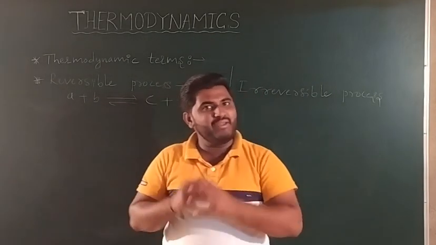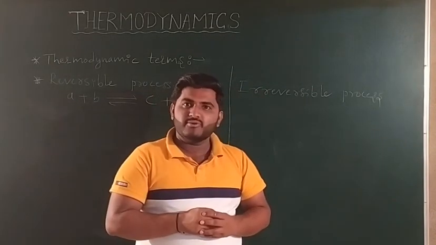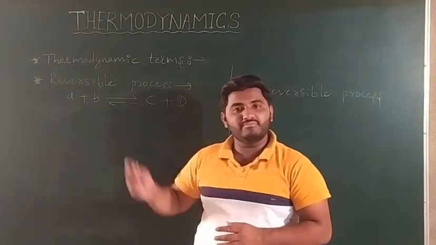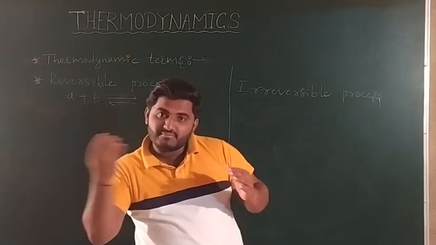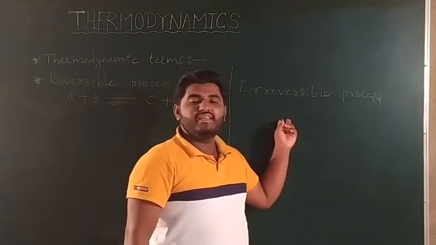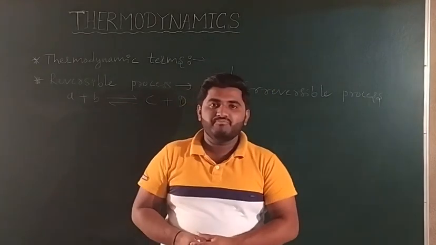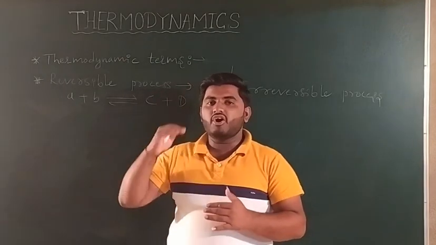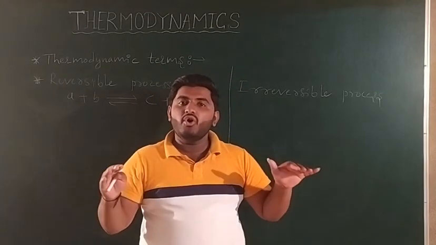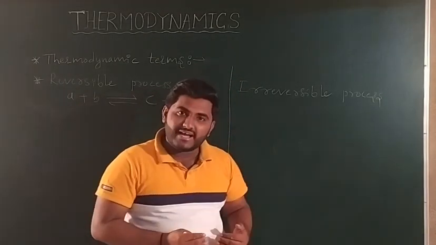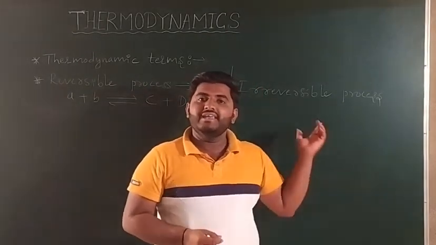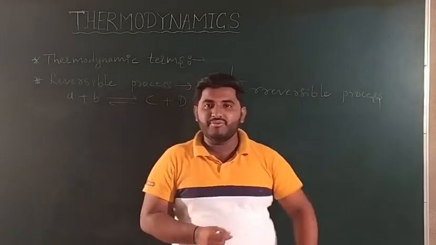An irreversible process is a rapid, very fast process, where the system does not attain equilibrium. That means the backward reaction is not possible in the case of irreversible. So it is a process which occurs rapidly, with no backward reaction, and the system does not attain equilibrium.